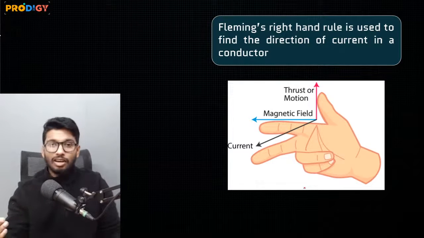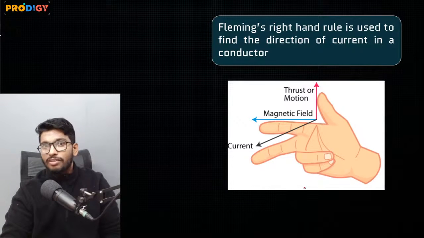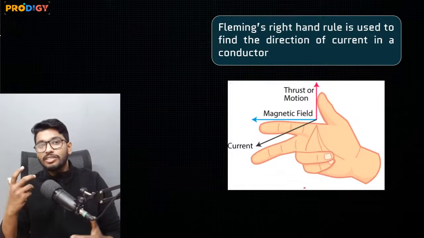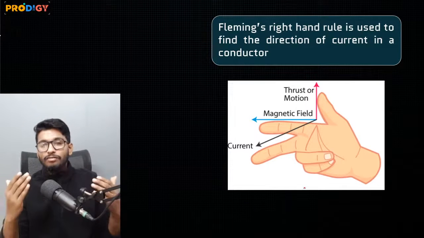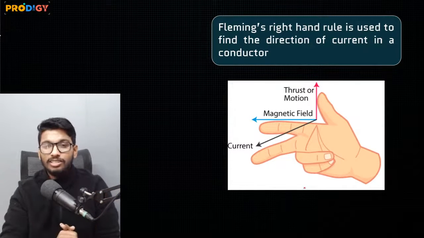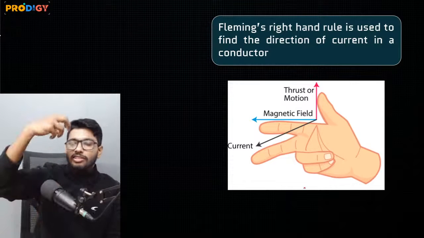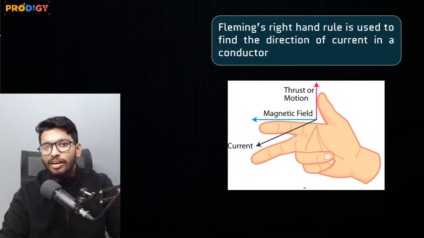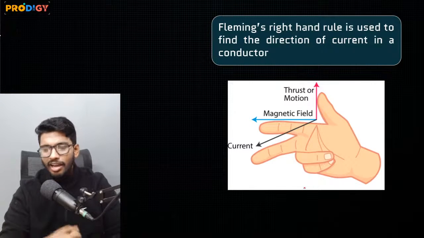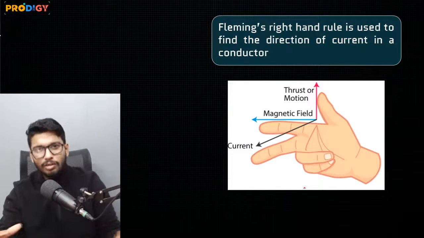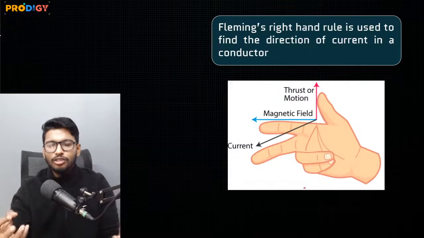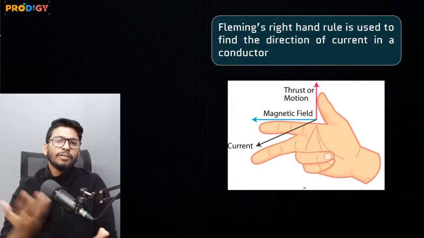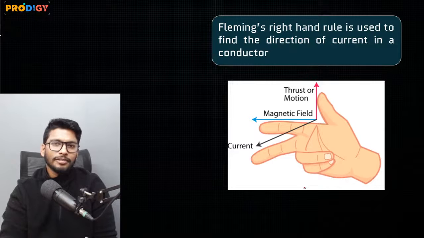So make the best use of the time that you have, put in your efforts in the right direction, and do not get distracted. This is the time to pull in all of your attention, get in all of your willpower, and start with your preparations. I'm not just talking about physics, I'm talking about all subjects in general. You need to find that strength within you to start your preparations, right, guys?